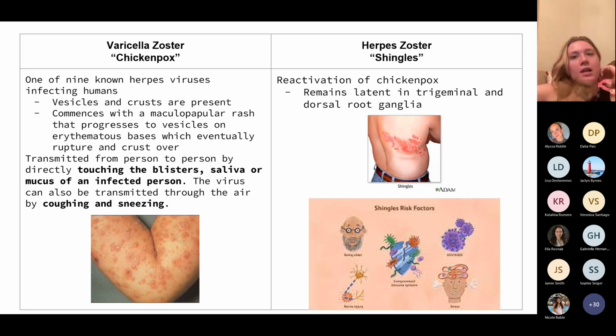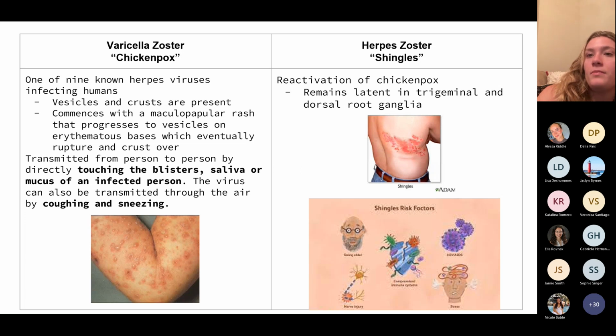We have varicella zoster. That's our chicken pox. Okay. It is again caused by one of the HSVs. But really, with this one, how is it transmitted? By touching the blisters, mucus, saliva, etc.